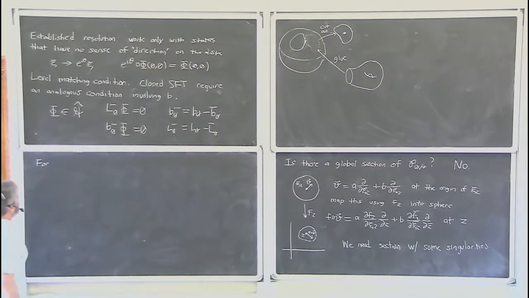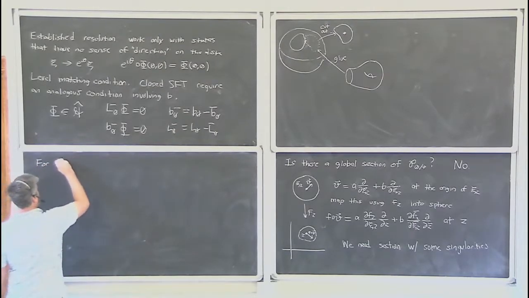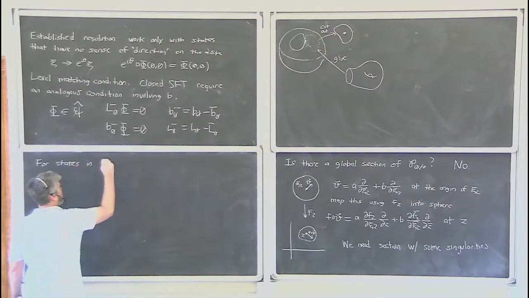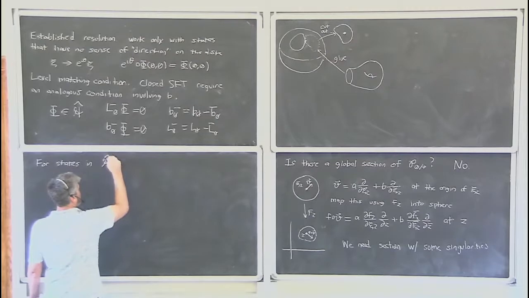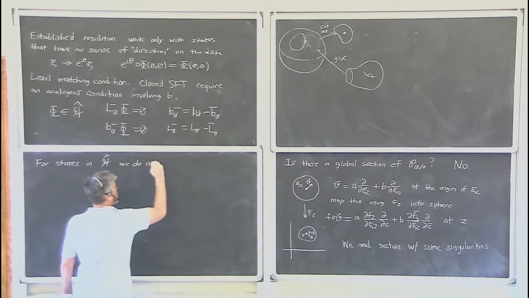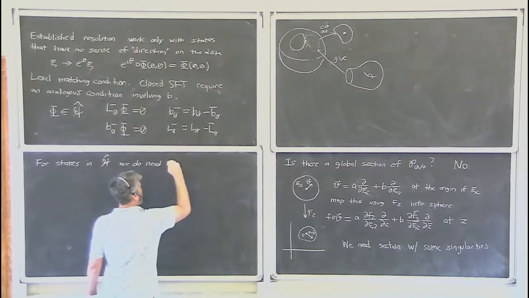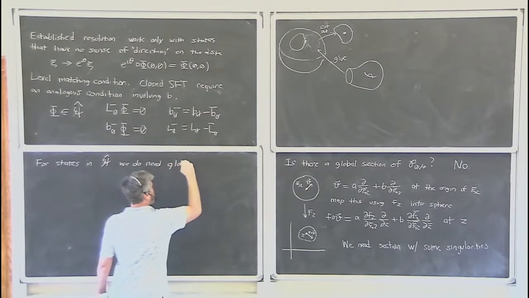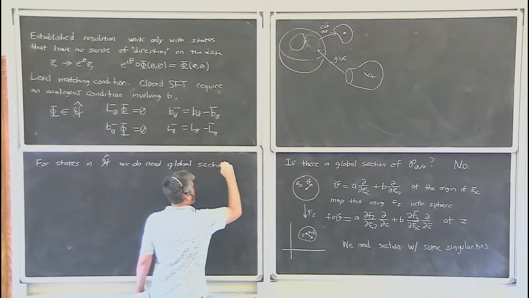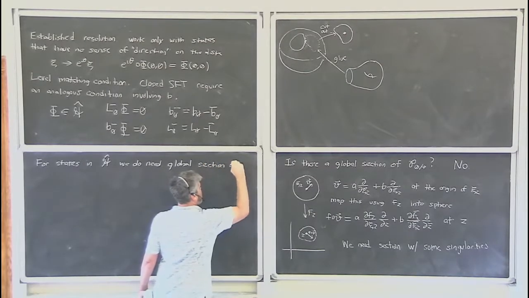For states in H hat, we do not need a global section of P04.